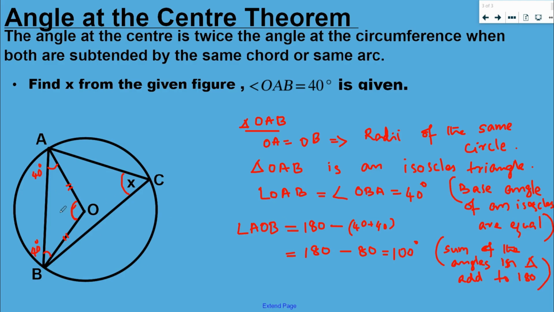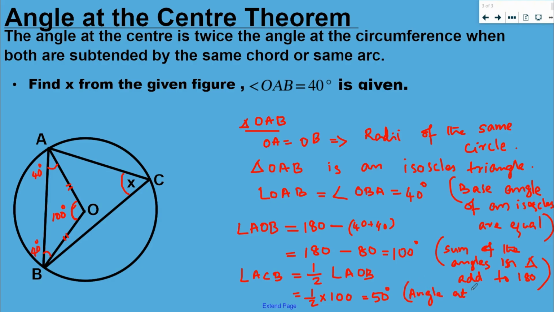Now we can use the circle theorem. Since this is 100 degrees, this is going to be half of that. So we can write angle ACB is equal to half of angle AOB, which is half of 100, that is 50 degrees. This is the circle theorem, the angle at the center theorem.